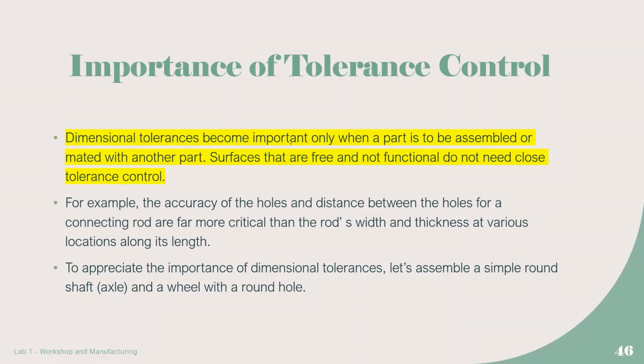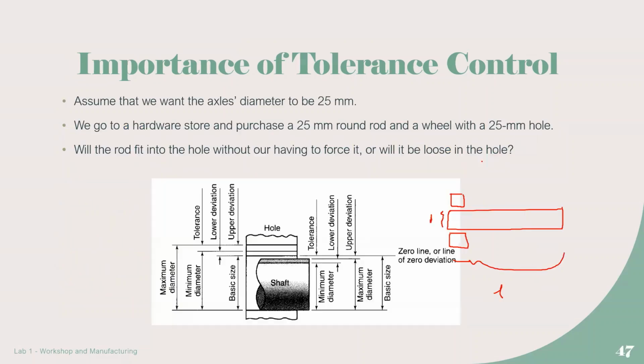Dimensional tolerances become important only when a part is to be assembled or mated with another part. Surfaces that are free and not functional do not need close tolerance control. Okay? When your parts touch each other, those dimensions are important when you're controlling your tolerance. Your length is not important because they're not touching each other. Okay.